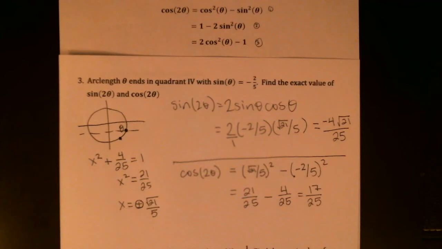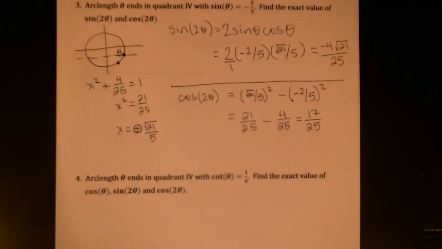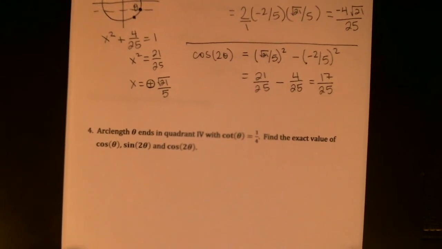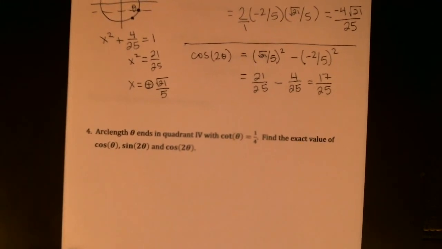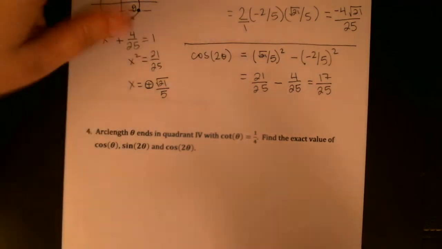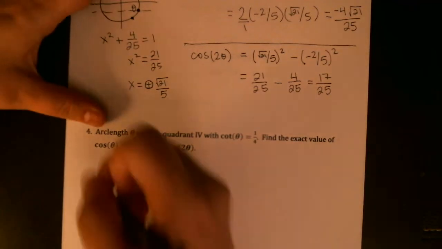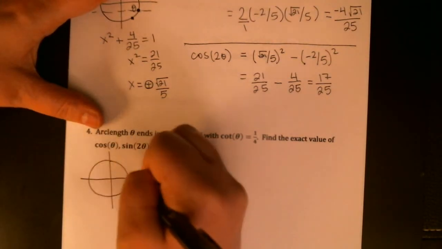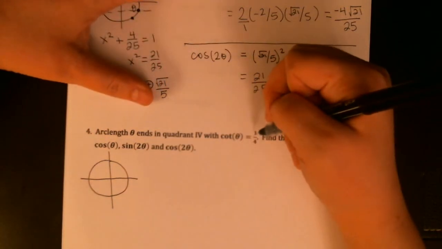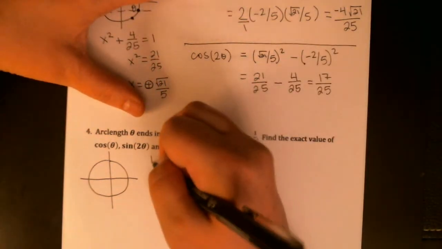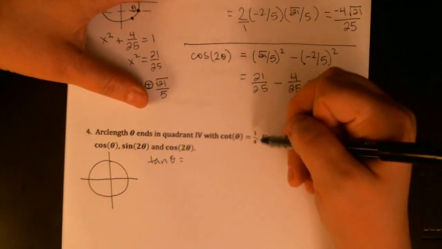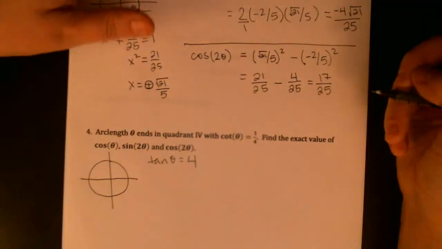Okay, let's look at number 4. So now we have an arc length theta that lands in quadrant 4, and we're given the value of cotangent. If cotangent theta is equal to 1/4, that means tangent theta is equal to 4.